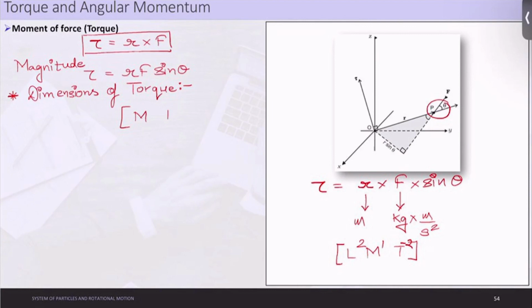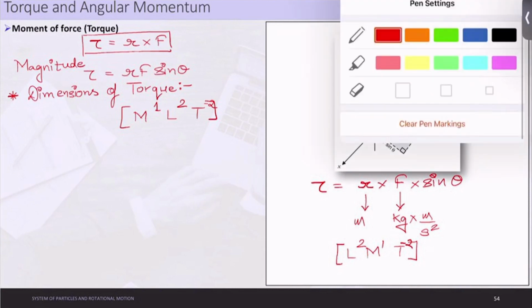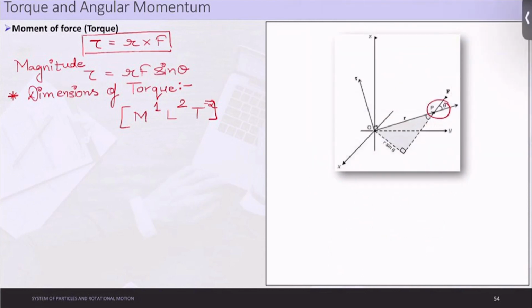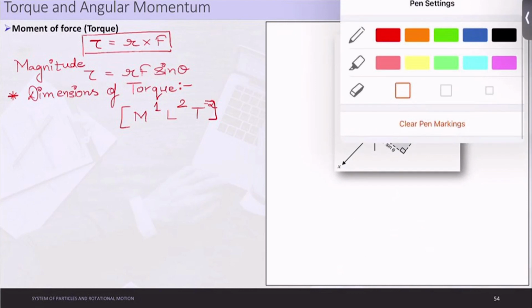What is M? M has a power of 1. What is L? L has a power of 2. What is T? T has a power of minus 2. So that thing is also explained here.